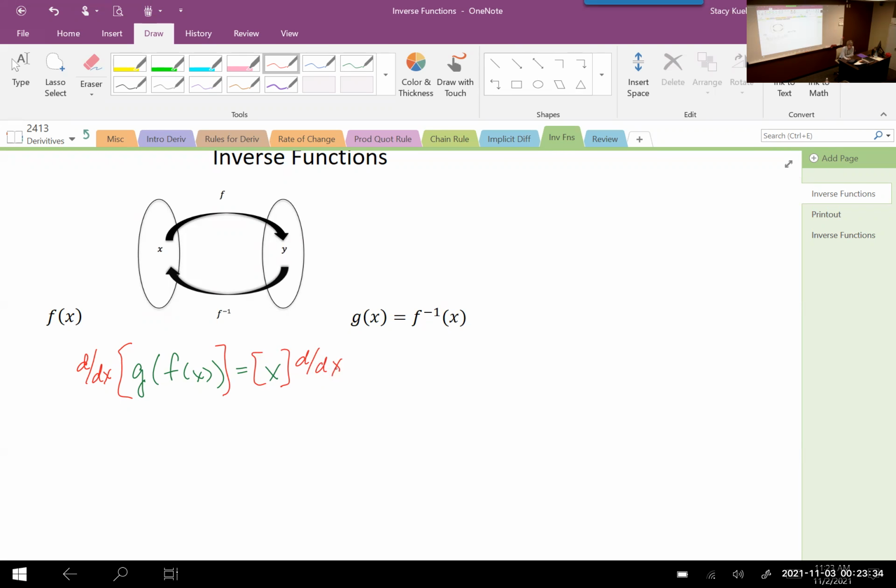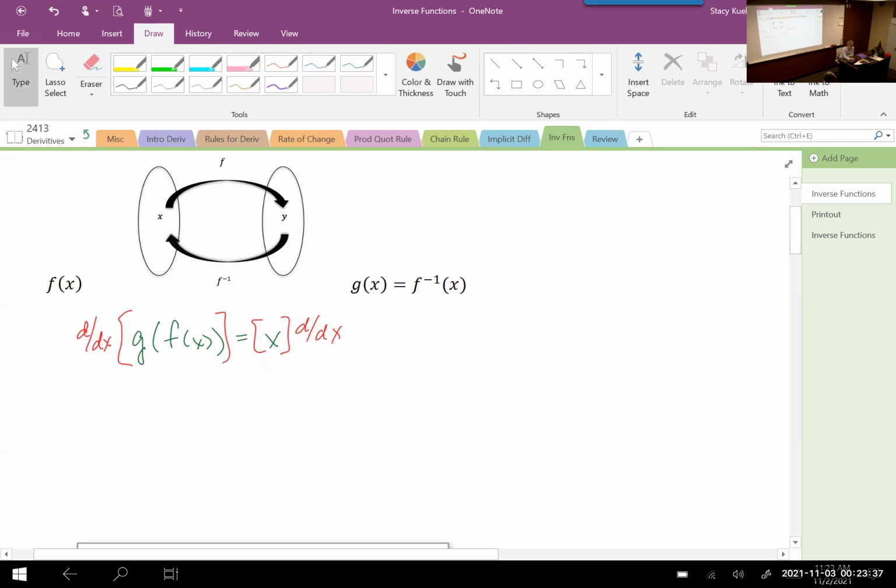The derivative of the left-hand side is the derivative of the outside function, g prime of f of x, times the derivative of the inside function, f prime of x. That's the composition part of it. And on the right-hand side, the derivative of x is just 1.